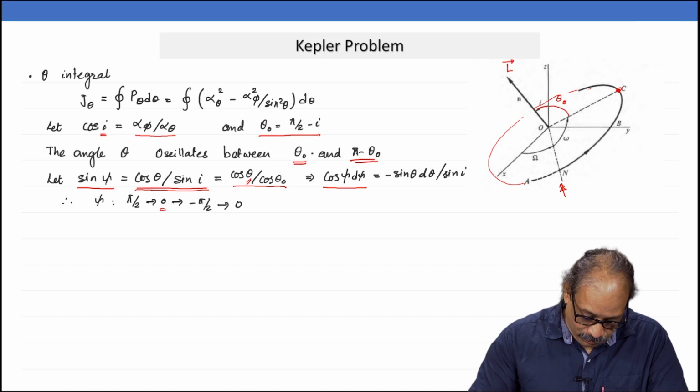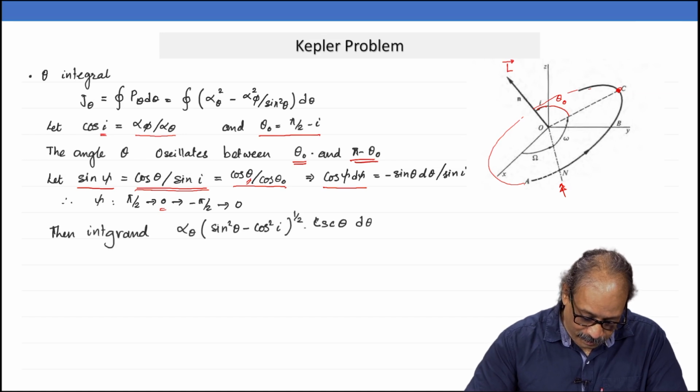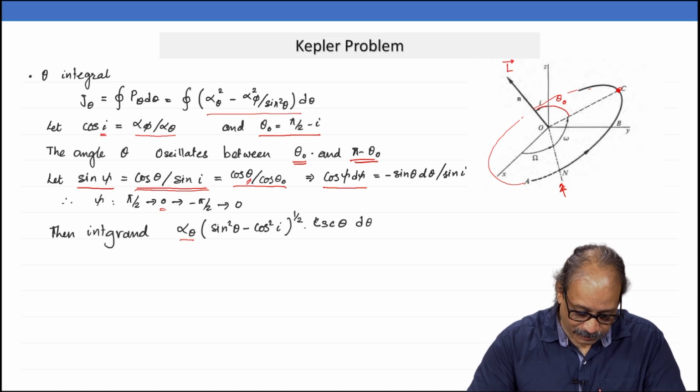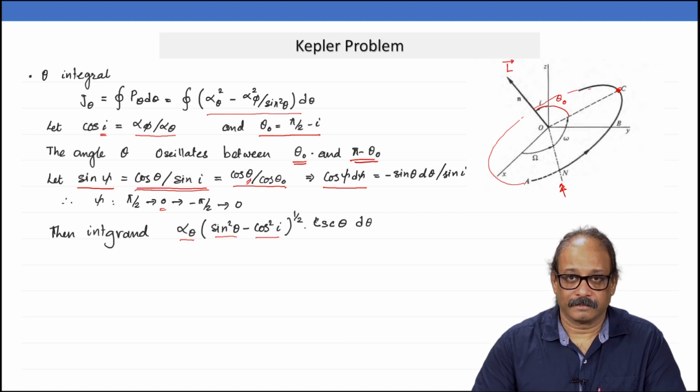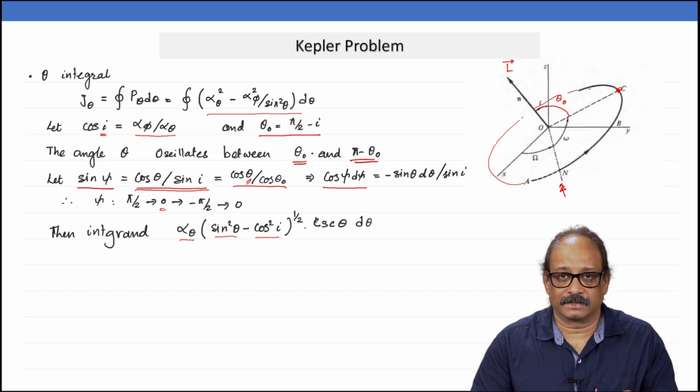Okay. So, now this integrand can be recast in this form. You take alpha theta out, then this will become sin square theta cos square I into cosec theta d theta. That is basically d theta over sin theta.